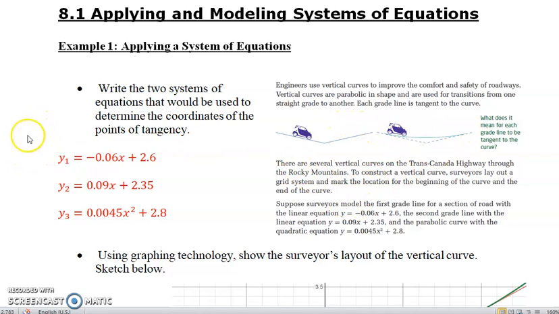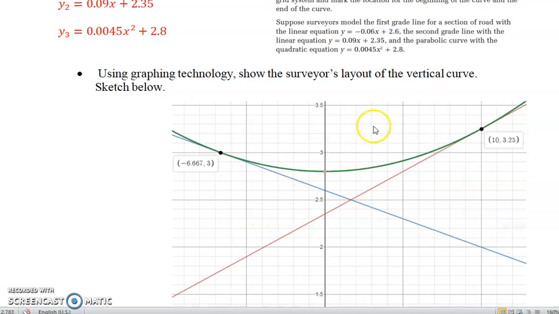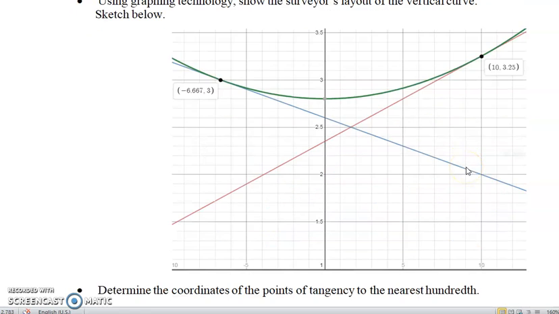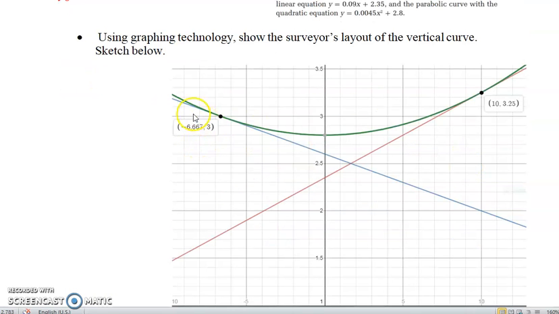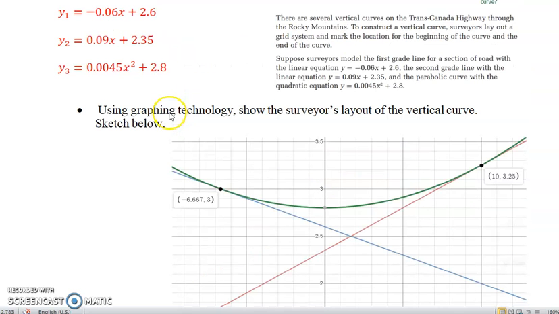So right here, I've taken the three equations that they've provided me in the word problem. I've set them equal to y1, y2, y3 because we're going to do this on our graphing calculators or using graphing technology. So I've used Desmos here. Desmos is pretty neat. So the first equation you see right here, the blue going down, it's decreasing from left to right, so that would be y1.